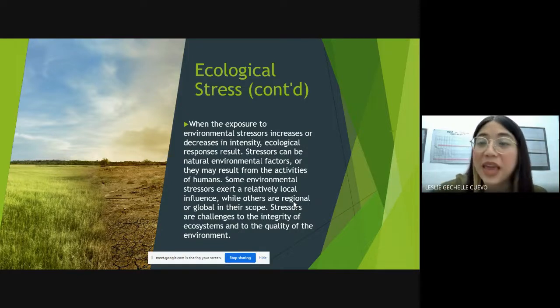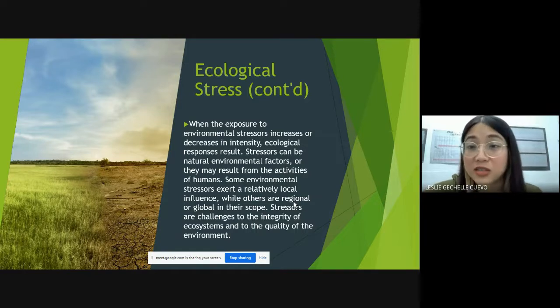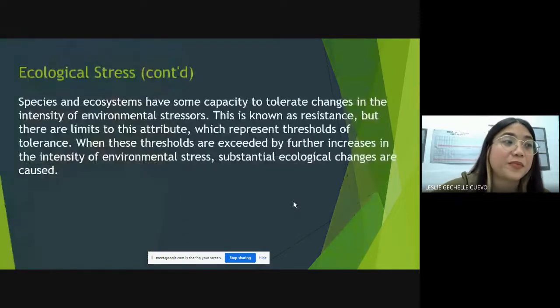Kapag nagiging madumi ang isang lugar, makalat ang isang lugar, nagkakaroon ng ecological stress. Some environmental stressors exert a relatively local influence, while others are regional or global in their scope, such as global warming. Stressors are challenges to the integrity of ecosystems and to the quality of the environment.